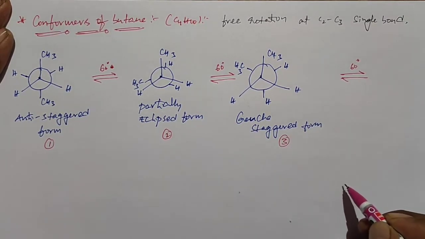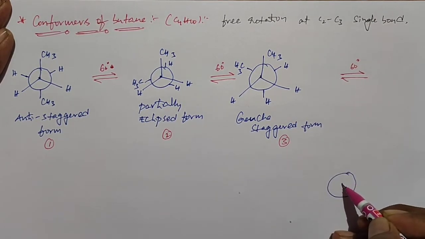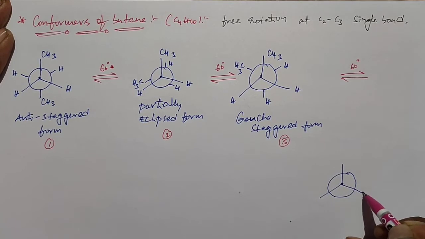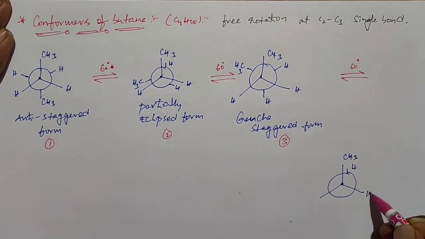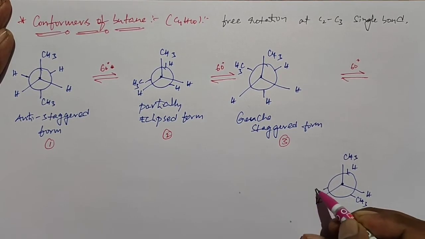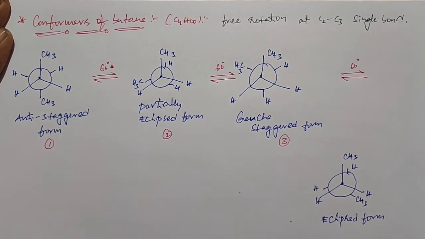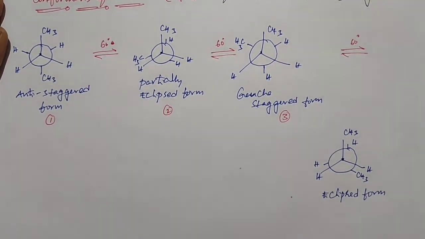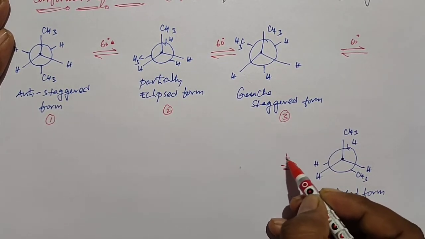So you can observe the eclipsed form here. This is the eclipsed form. Now I again rotate the carbon-carbon free bond by 60 degrees.